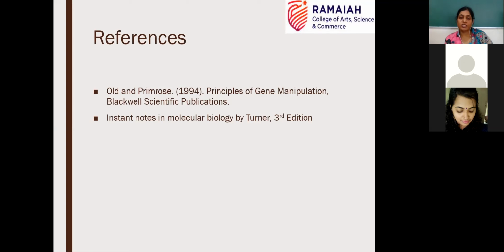There are several types: type 1, type 2, type 3, type 2S. Among all, type 2 are most important for the applications of cloning because the cleavage takes place within the recognition sequence, which is why defined lengths of fragments are produced. That means they are very specific in their action.